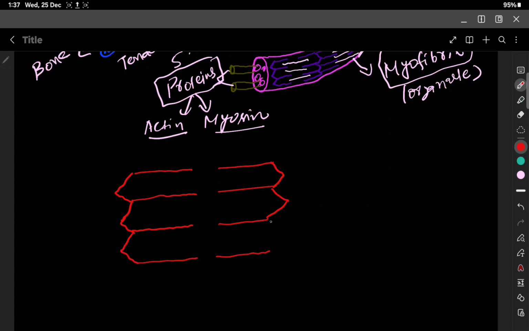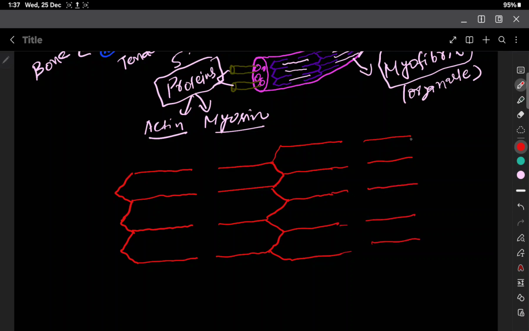If I go deep inside the myofibril, it looks like this. So this is the organization of the myofibril.